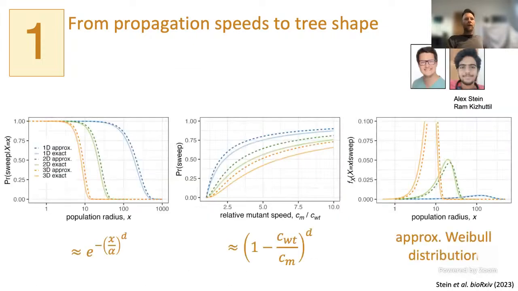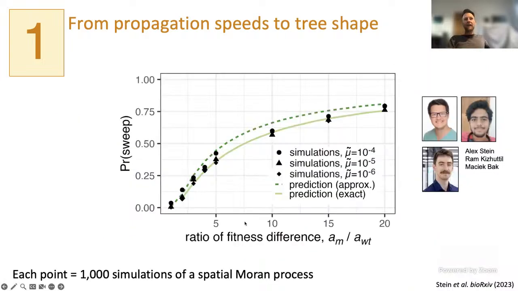Now, something else you might notice here is that this result for the probability of a sweep doesn't include the mutation rate. So this is a very interesting result, we think, that the probability of a sweep is entirely independent of the mutation rate. And this is verified here by the simulations, which you see here over 2 orders of magnitude of different mutation rates, you see consistent results. We were able to argue why this is the case, but this was somewhat unexpected when we started. This applies in 1, 2, or 3 dimensions.